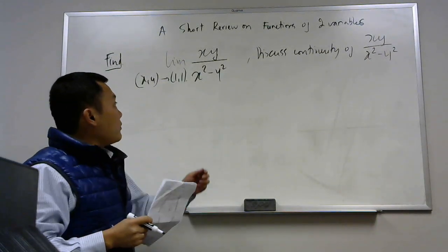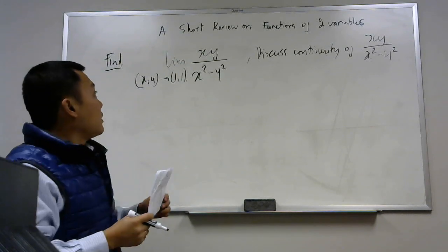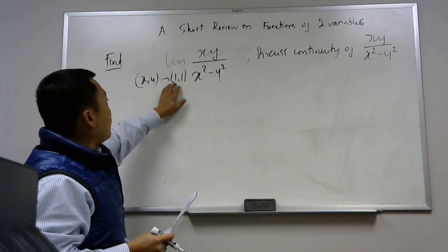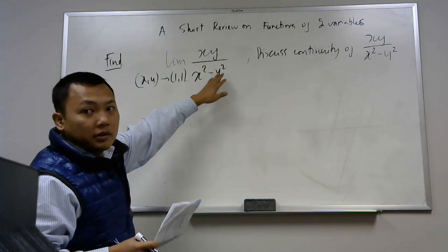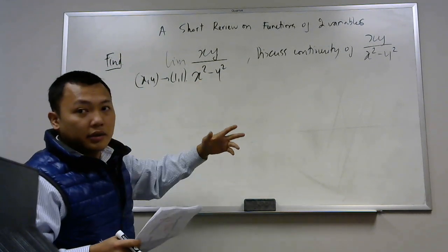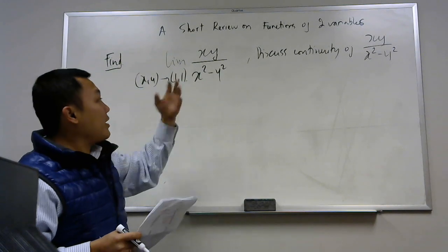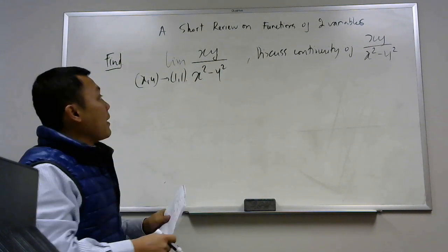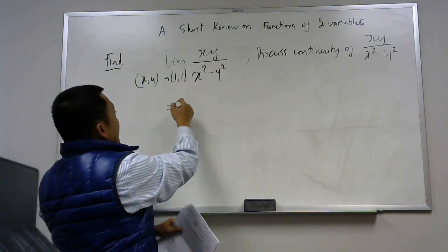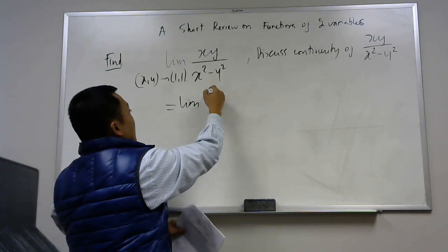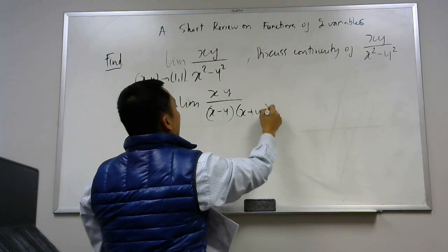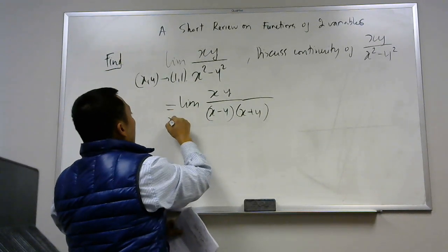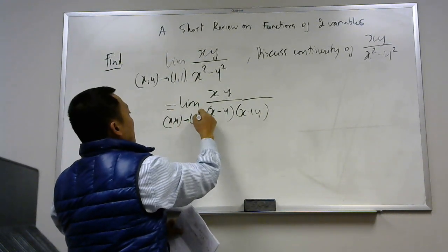First we need to guess. As (x,y) approaches (1,1), you have 1 squared minus 1 squared, so 1 minus 1 is just 0. My guess is that the limit does not exist. But how to see that? I will write this limit in the following way: xy over (x minus y) times (x plus y), where (x,y) approaches (1,1).